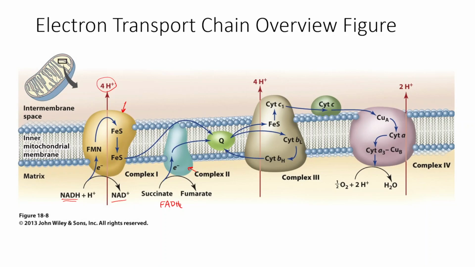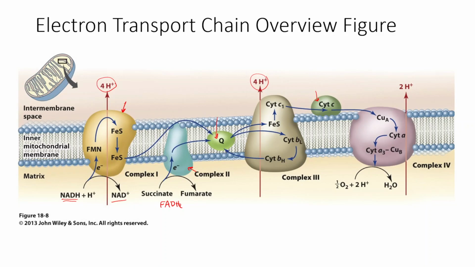Those electrons, like we mentioned, are then transported by coenzyme Q, which is shown here as this little Q, where they're brought over to complex 3. And then in complex 3, these electrons are transferred over to cytochrome C, which is shown here in green. And during this process, 4 more protons are also pumped into the intermembrane space from the matrix.